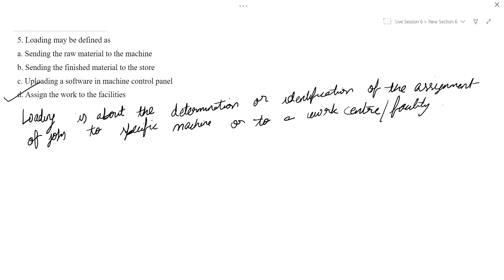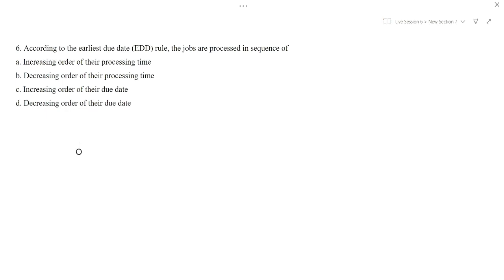The next question is, according to the earliest due date rule, the jobs are processed in sequence of which of the following? Okay, so there are various methods: earliest due date method, shortest processing time method, critical ratio rule, and slack time remaining rule.